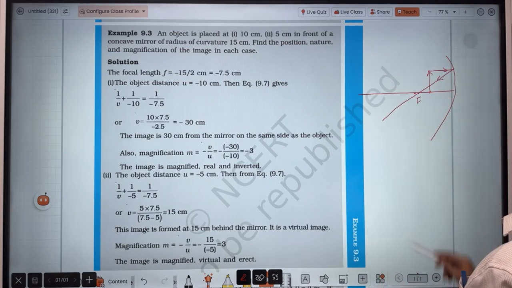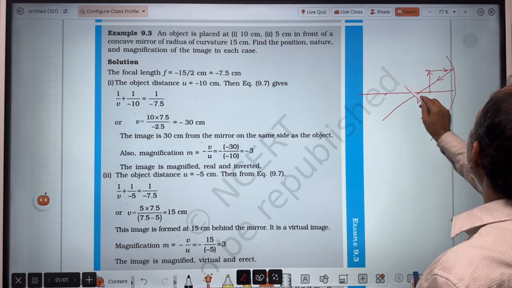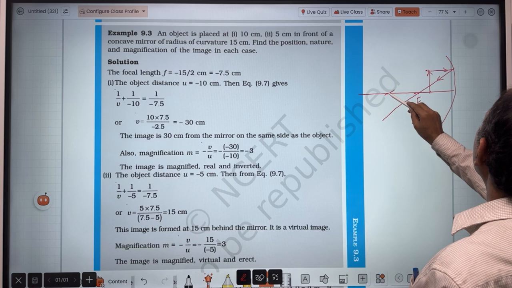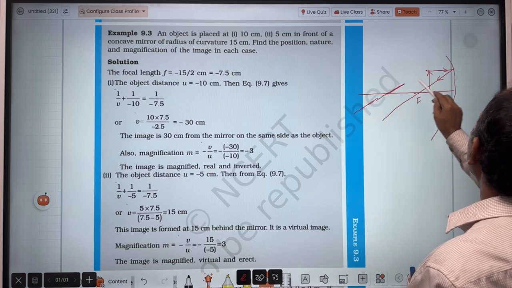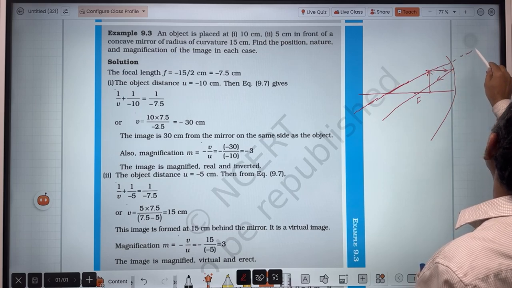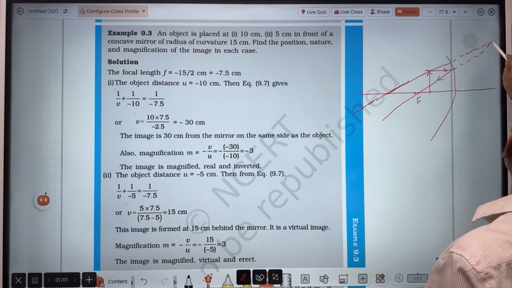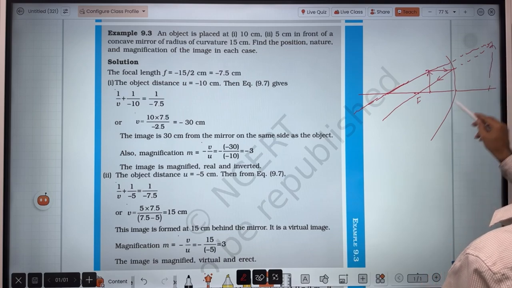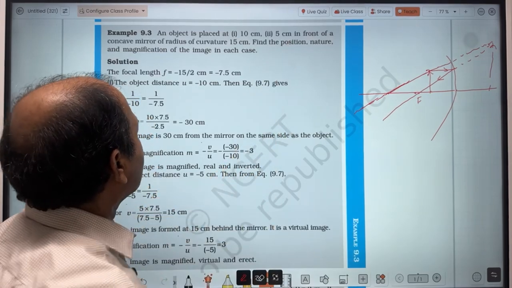This is focus. So this ray will go like this. Another ray will pass through C. In this case, it will diverge. So it will pass through C, it will go like this, and they seem to be converging at a point on other side of the mirror. Right? So this is the case that we are going to deal with.